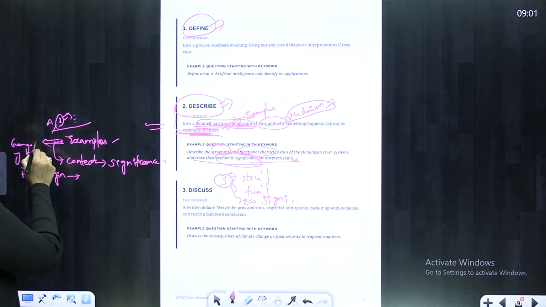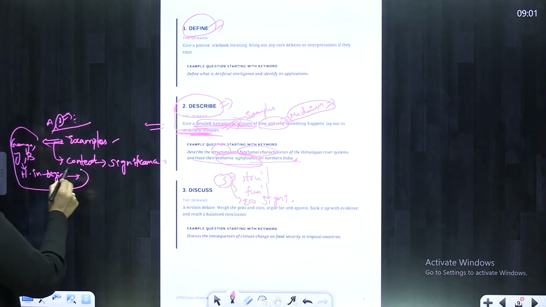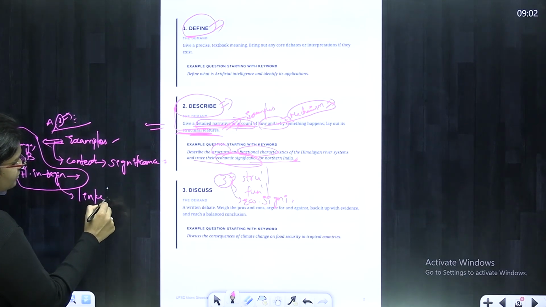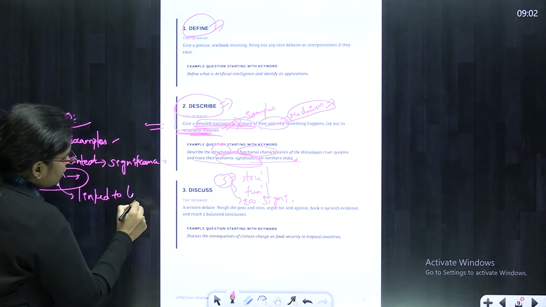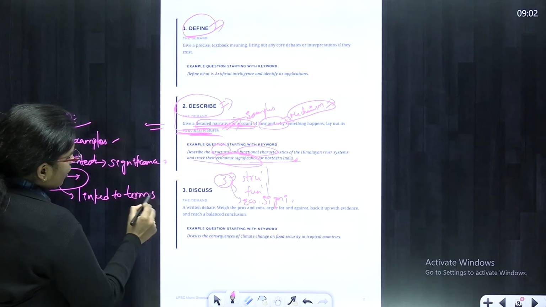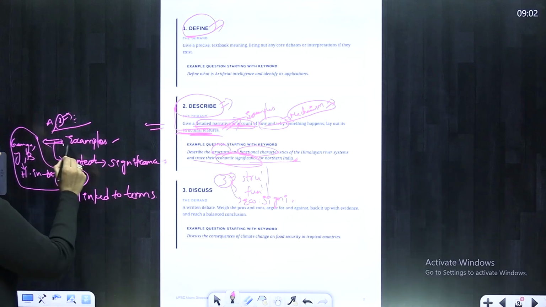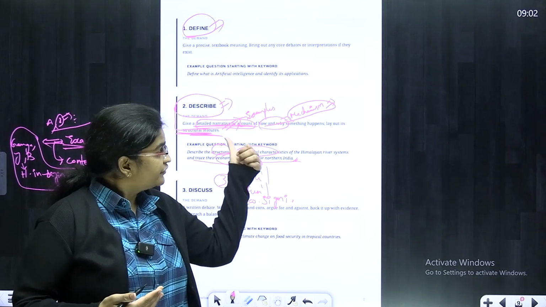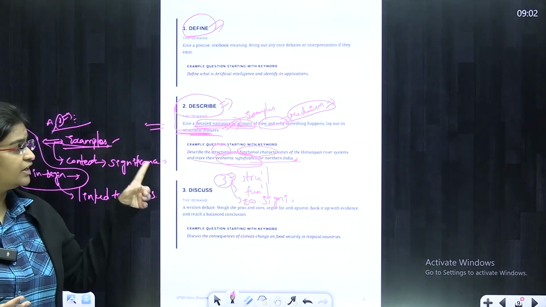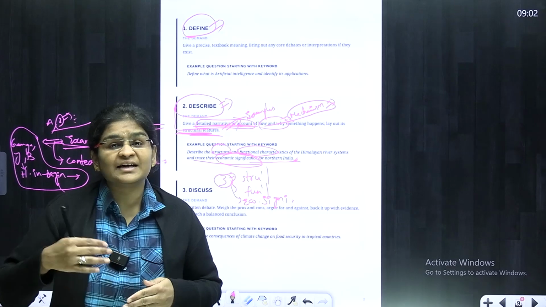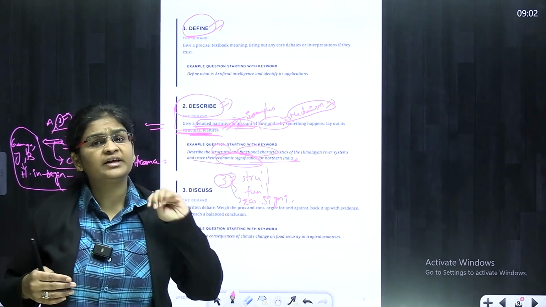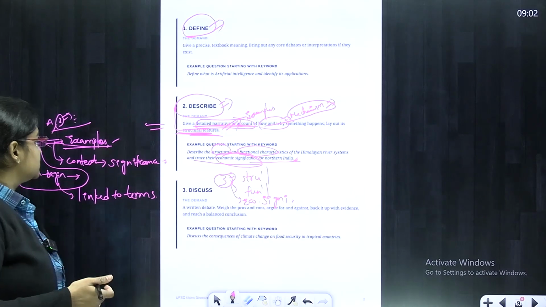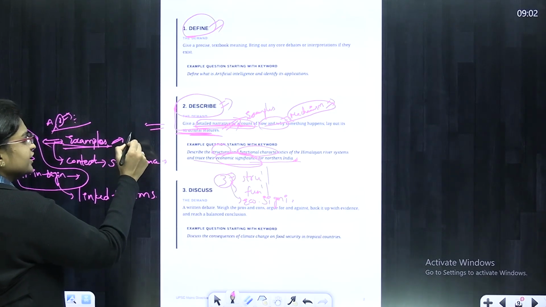That is how I have mentioned the examples here, and I also linked it to the terms in the question. Whenever you write any introduction, you must link it with the words given in the question instead of directly taking the words and putting them in the introduction. You should link it with proper examples. So this is one way of introduction.